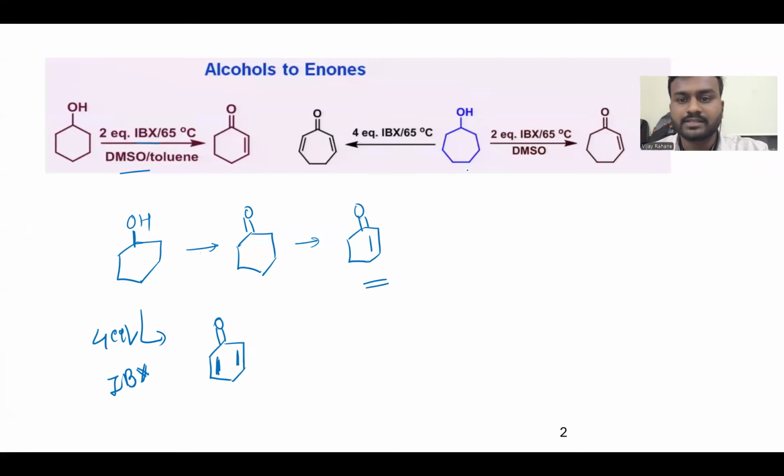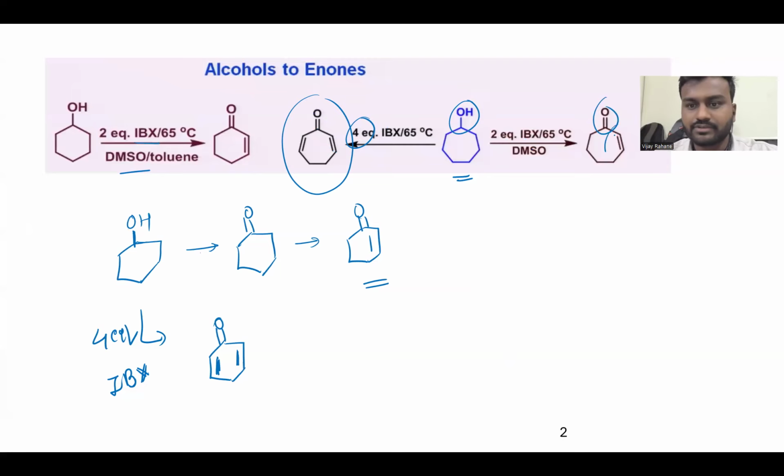Another similar example is, instead of a cyclic ring, heptanol. Here, in place of two, it gives the alpha beta unsaturated keto with unsaturation on only one side. So you can take a lead from this and be able to solve the assignment question.